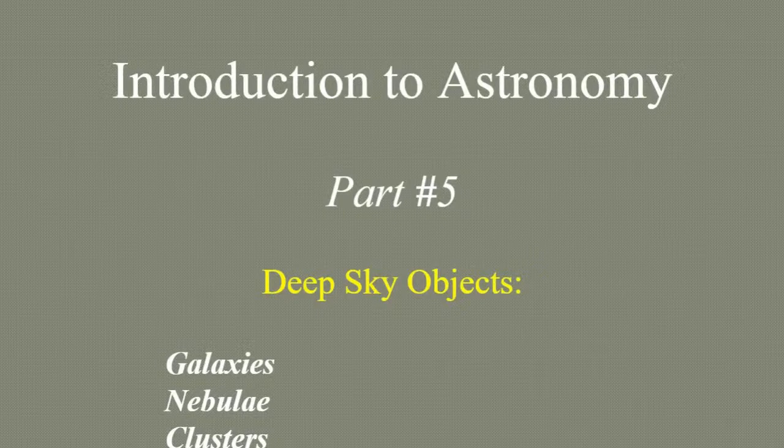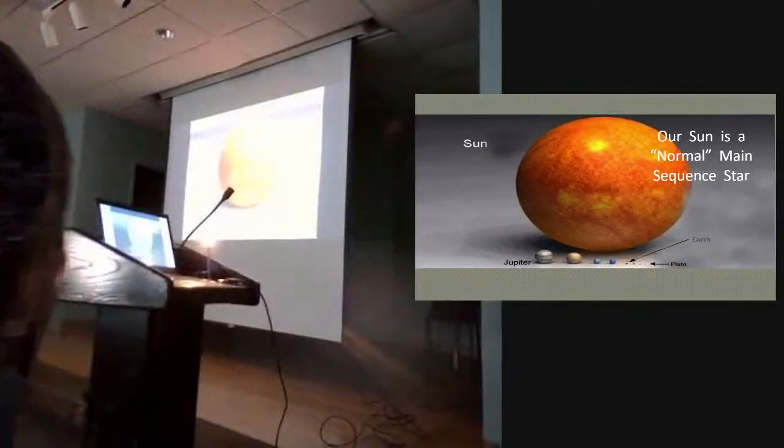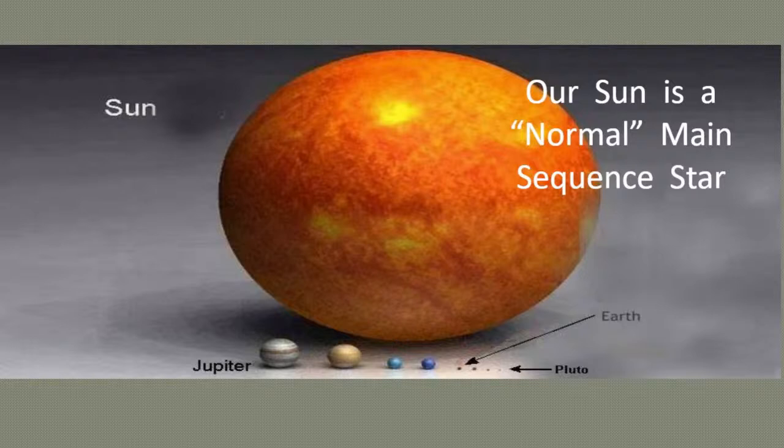Now, before we can talk about these things, we have to go back to not just the near and the far, we also have to go to the big and the little. So let's review big and little. Those of you who have been to these before recognize that we've got planets down here.